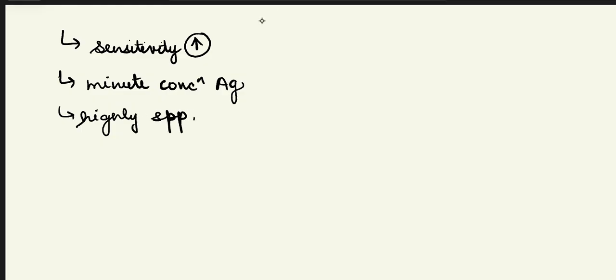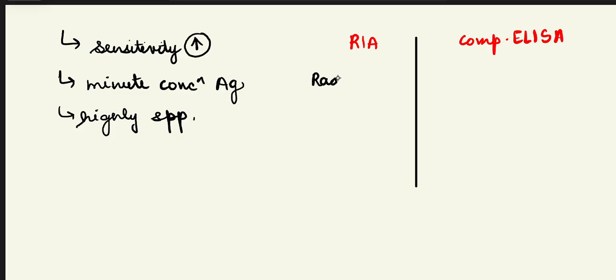One last important thing is the points of difference between RIA and ELISA, that is RIA and competitive ELISA. If I write here RIA and here competitive ELISA, you can fill this in yourself also, but for the sake of simplicity let me mention one of the most important points. In RIA we are using the radiolabeled antigen, right?